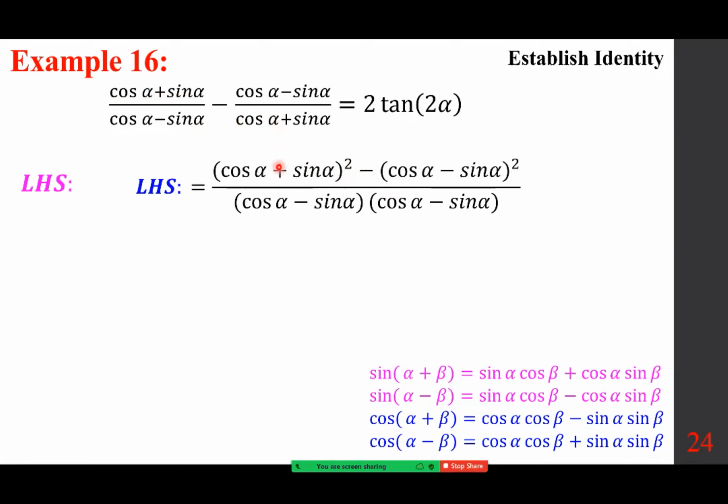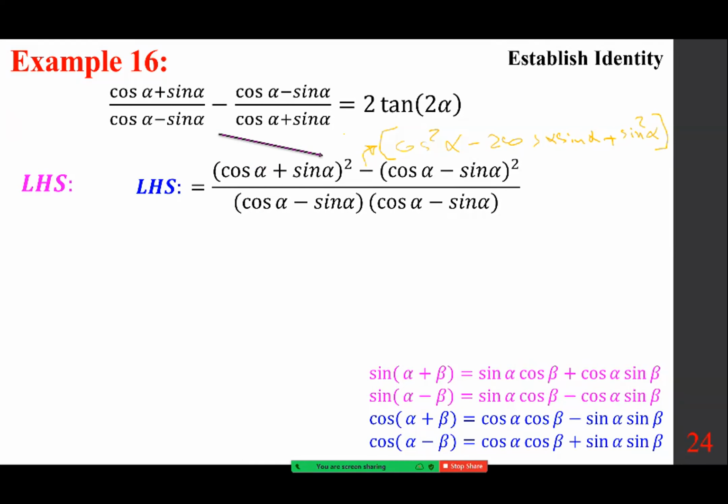So let's square this one: cosine squared plus 2 cosine alpha sine alpha plus sine squared, minus, let's square this one, cosine squared alpha minus 2 cosine alpha sine alpha plus sine squared alpha, and we are going to distribute the negative sign.